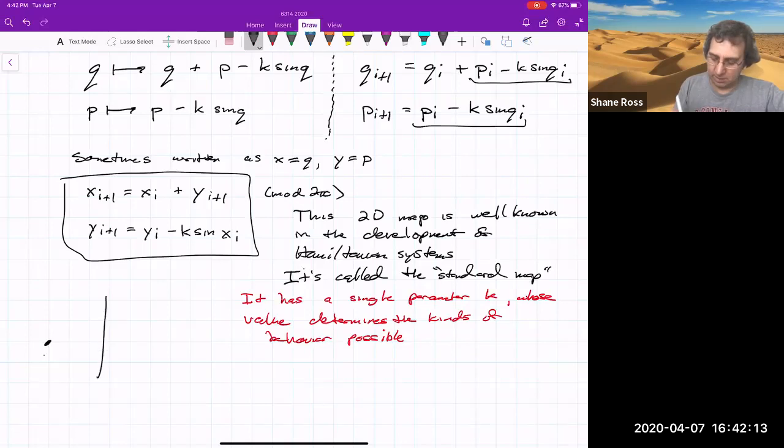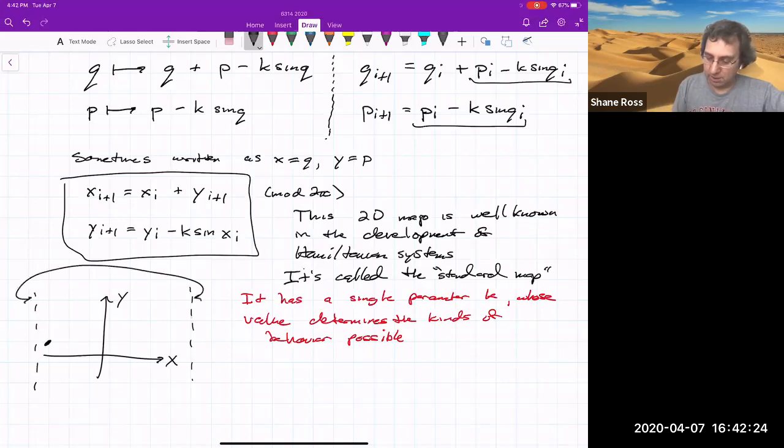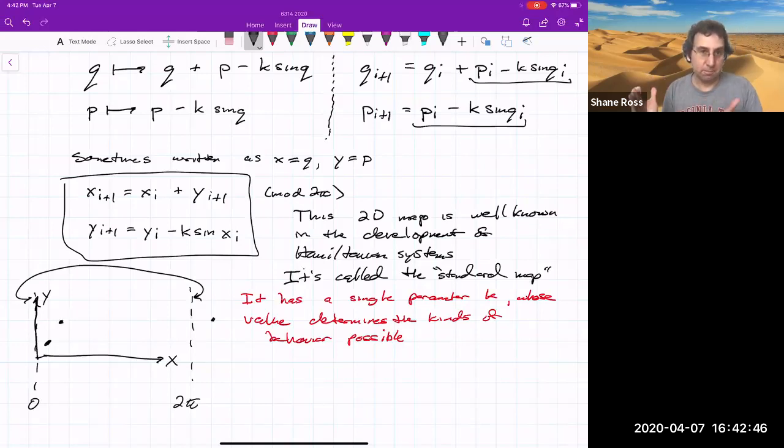You've got kind of the xy plane, and also x is like an angle, so there's a mod 2 pi going on if you want. In fact, maybe I'll draw y over here. Here's y. Here's 0 and 2 pi. So mod 2 pi means if you get something that's over 2 pi, you actually go back to where you would have been if it was between 0 and 2 pi. That's mod.